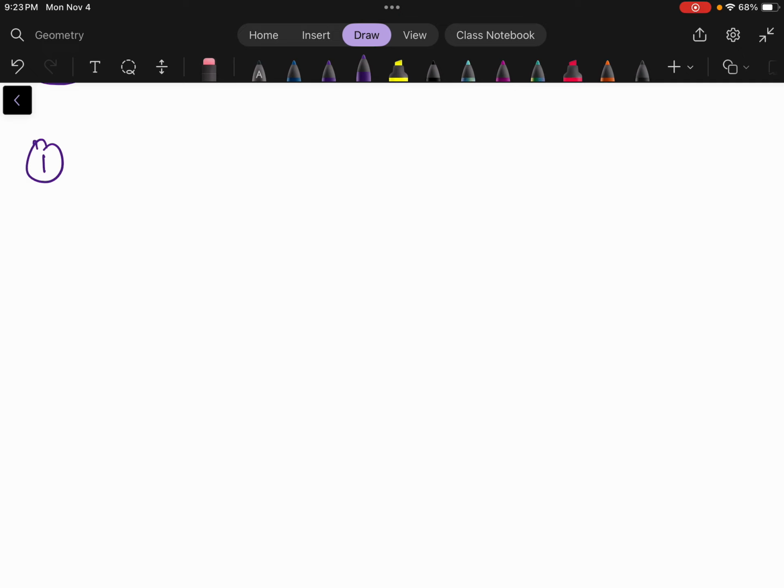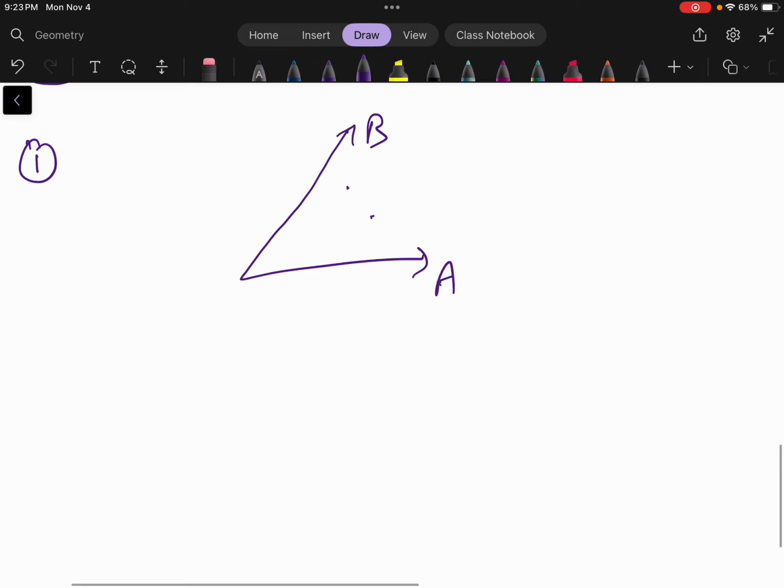Okay, so now let's draw another angle. This angle is A, this is B. Just to understand, he is putting two points over here. These points are lying in between A and B, so this will be the interior angle.